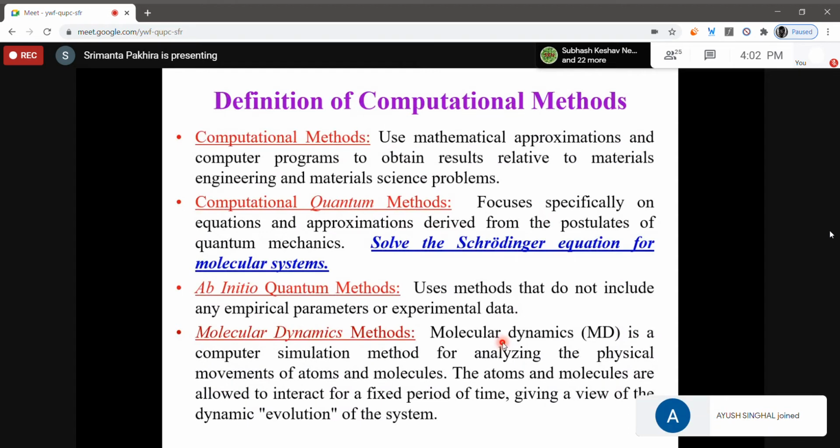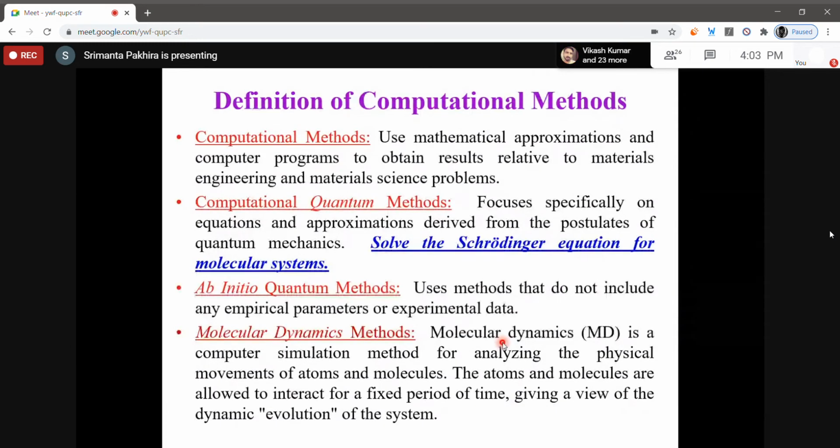The best definition is: using some mathematical tools or approximation and computer algorithms to obtain results relative to a material science and engineering problem. So we have to develop a computational technique based on mathematical approximation and computer algorithm. That is the computational method.